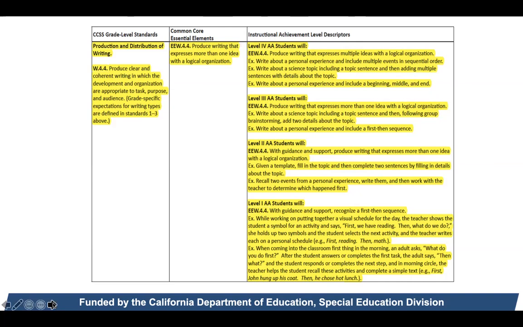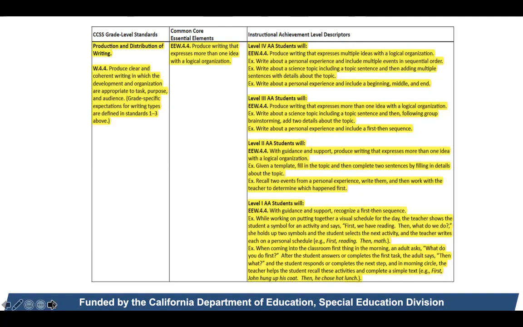And then on the right are 4 levels of student functioning. Mild at the top, level 4. Level 3 would be more moderate. Level 2 would be severe, significantly cognitively disabled, and level 1 is profound.